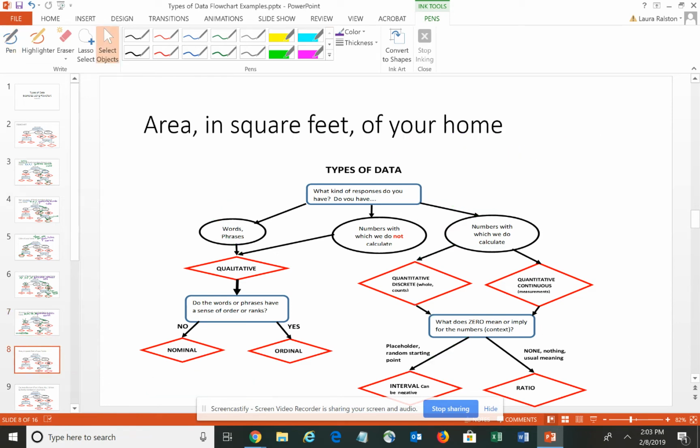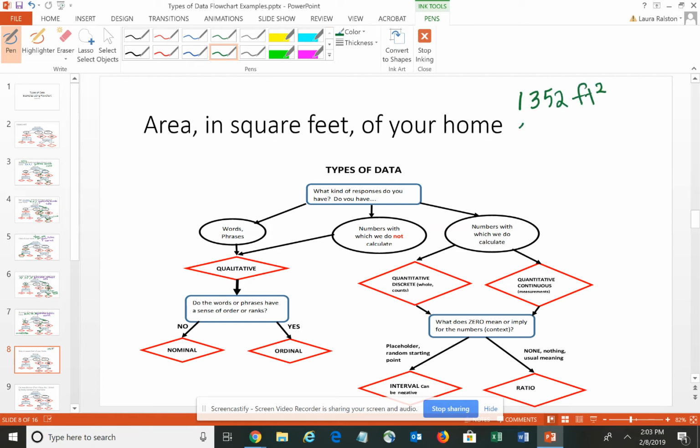Next, the area in square feet of your home. So if I were to say to you, what is the square footage of your home, you've got to think about what you might get. For example, someone says the square footage of my home is 1,352 square feet.